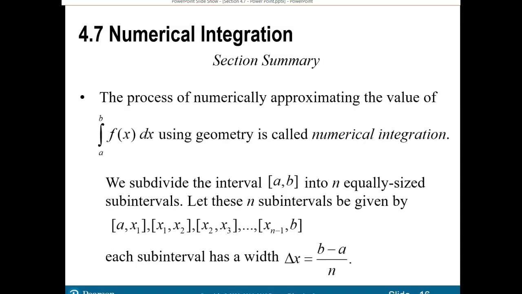All right, so our summary here, the process of numerically approximating the value of a definite integral using geometry is called numerical integration. We always start by dividing our interval up into n equal pieces, beginning at a and ending at b, where the width of each subinterval is b minus a divided by n, b and a being the endpoints of your integral.